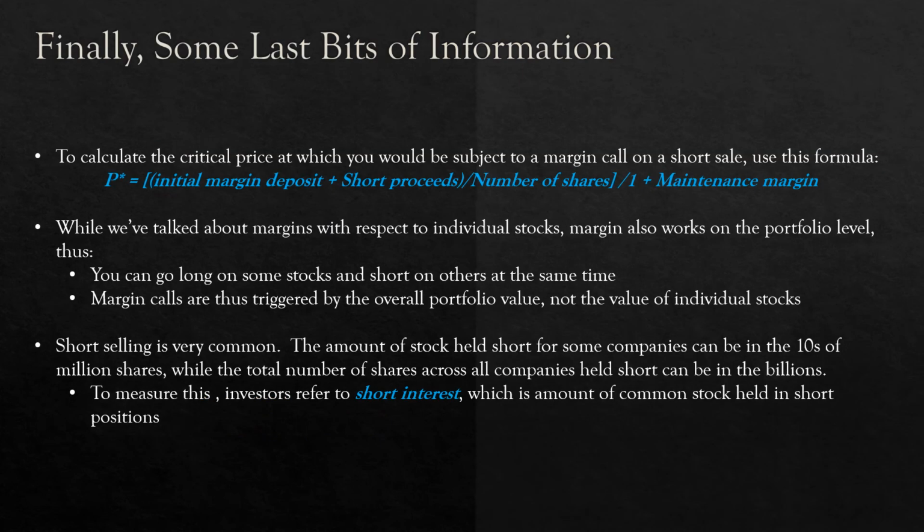So finally, some last bits of information. To calculate the critical price at which you would be subject to a margin call in a short sale, you would use this formula. This is a way to predict ahead of time when you might be subject to a margin call.